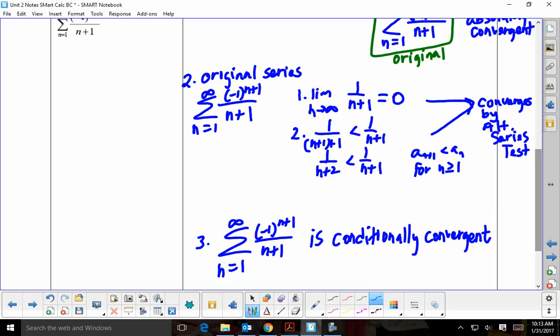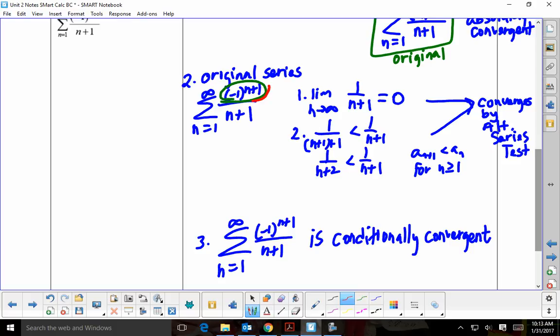So like when I first went to the alternating series, will there ever be a time when the limit equals 0 on the alternating series? Yes. And then that guy diverges by the nth term test. This is the alternating part.